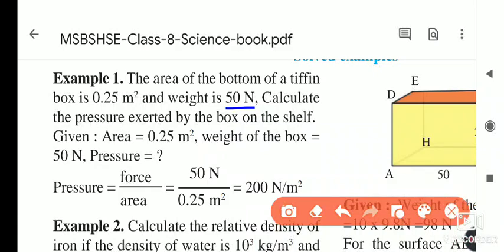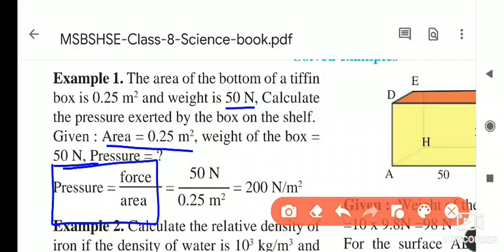First of all, as we know, what is the formula for pressure? Force upon area. And here we have to first write the given data. So area of bottom is equal to 0.25 meter square and weight is equal to 50 newtons. So here just put the values: 50 upon 0.25 meter square.